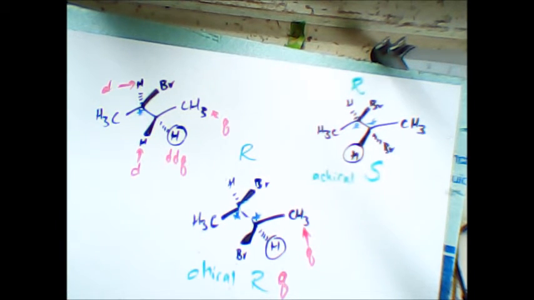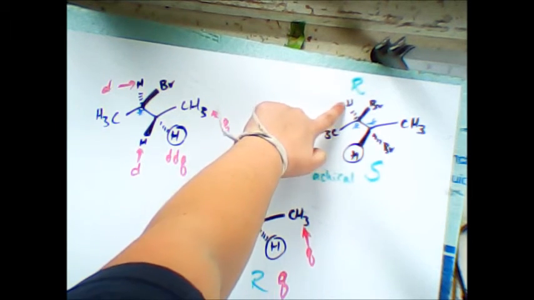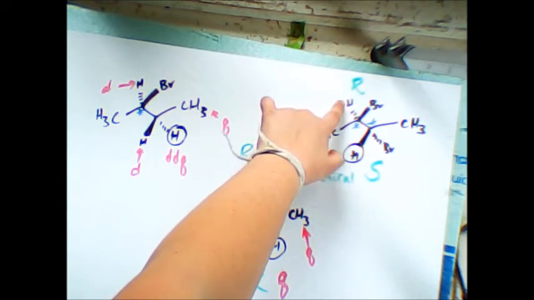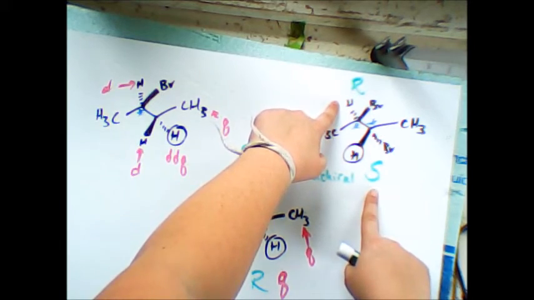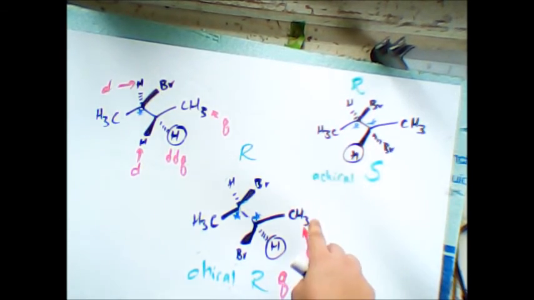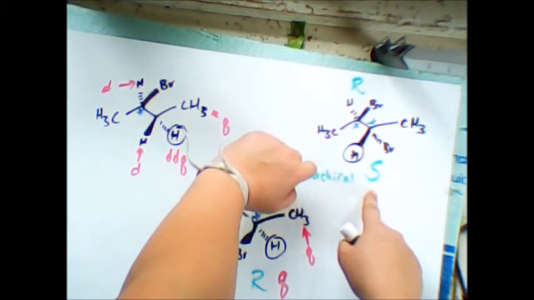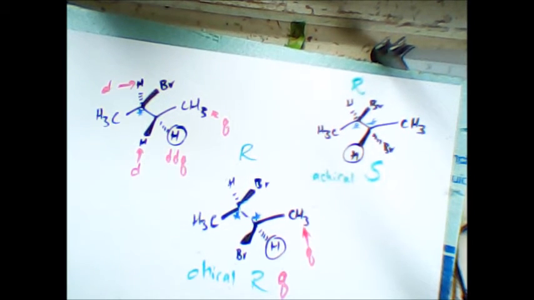Your compounds are now enantiomers, because if you replace this guy, then the compound with the D is R and the compound with the H is S. But if you replace this guy, the compound with the D is S, and the compound with the H is R, which means that they are enantiomers.